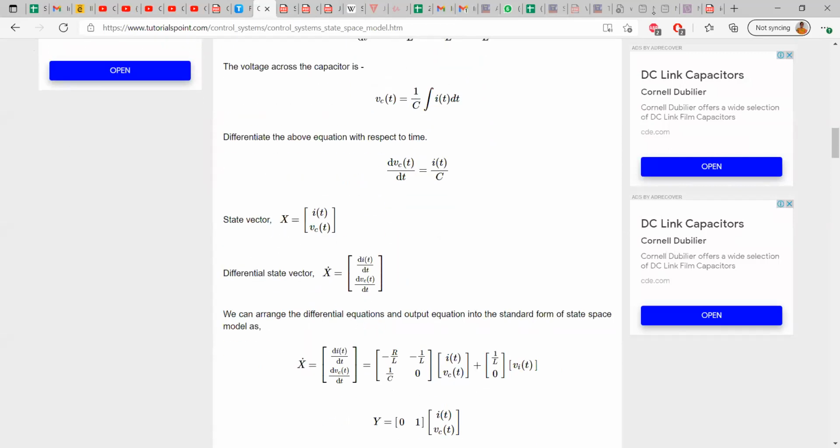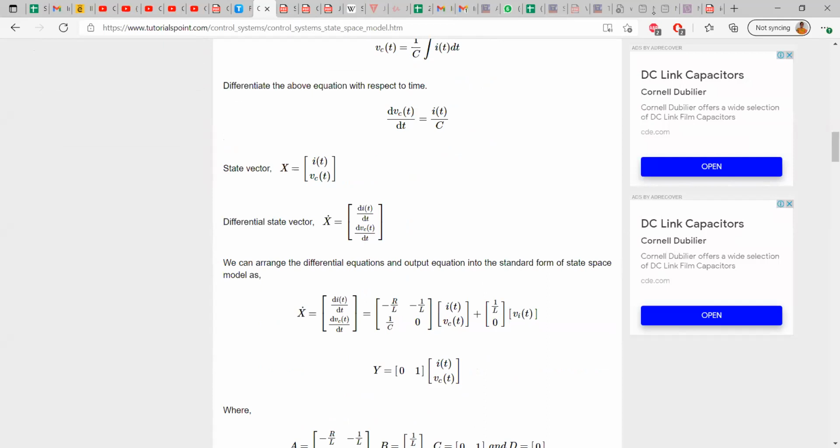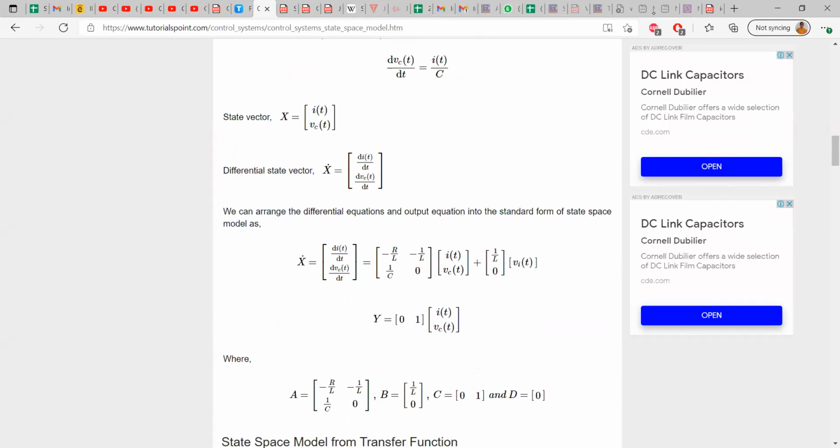Now, we are arranging those equations in the standard form. What is the standard form?